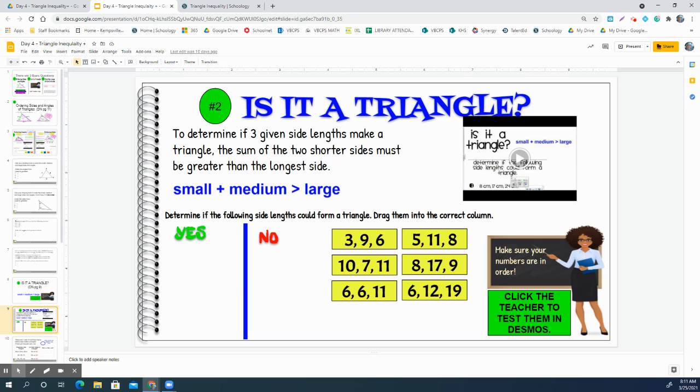But take a minute and do small plus medium is bigger than large. Notice that it's bigger, it cannot equal. And they're not always in the right order. They cannot equal. It has to be bigger.